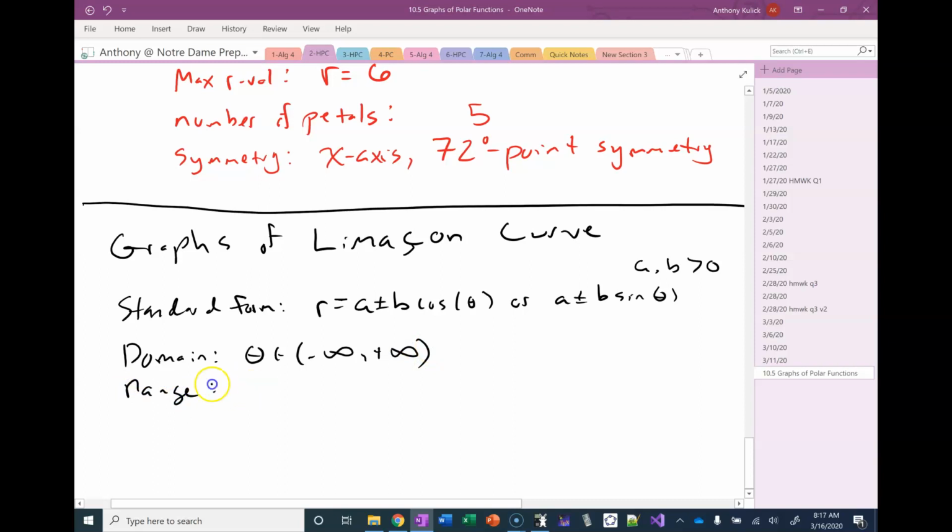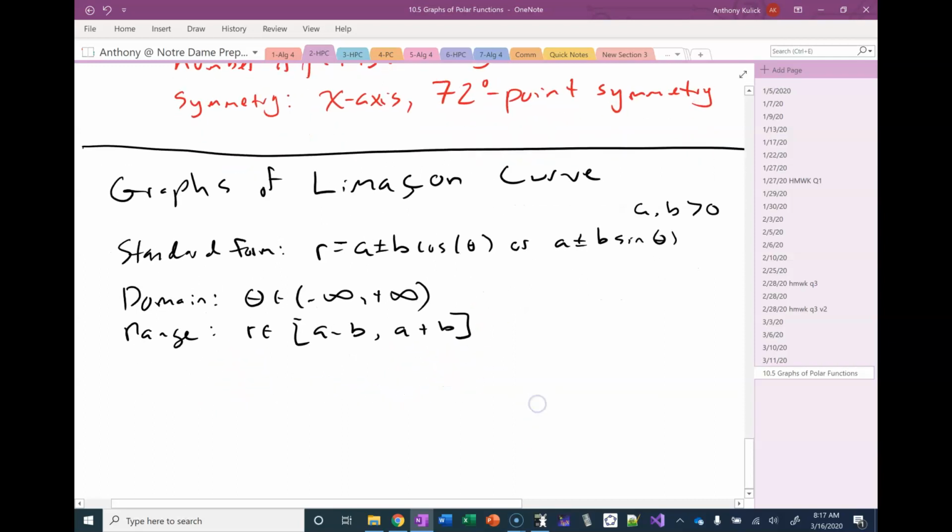The range is going to be a minus b, comma a plus b. The maximum r value is going to be, not surprisingly, a plus b. And there are 4 different types of limaçon curves, and we'll look at a couple of examples in a second.